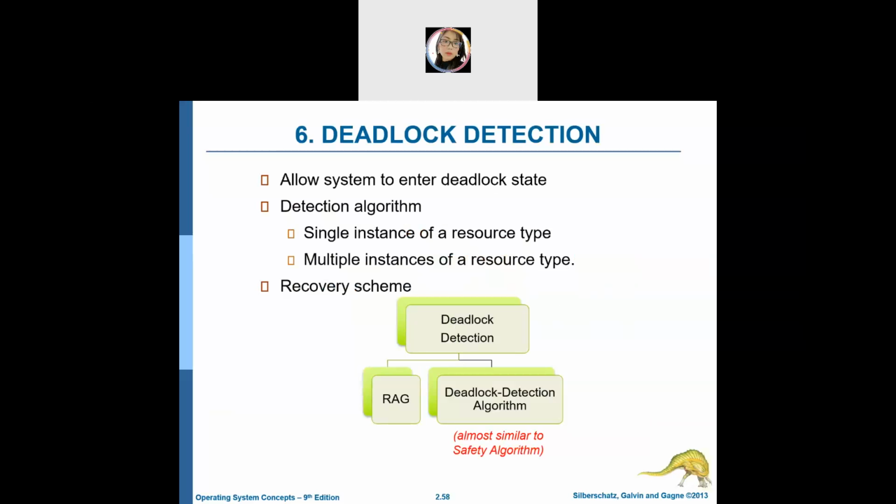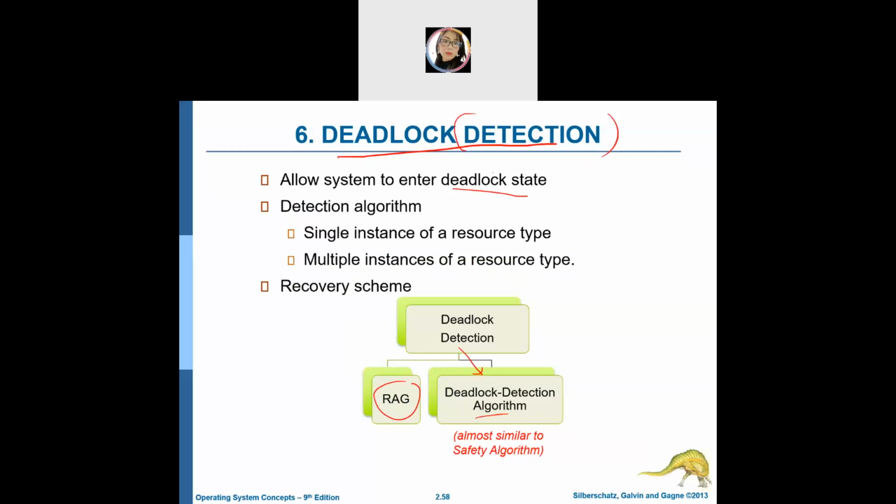So now we move to the next topic because we are trying to finish our module 7: deadlock detection. We have a few algorithms, still similar, which are RAG and another one, the deadlock detection algorithm. So we allow the system to enter the deadlock state using this detection.